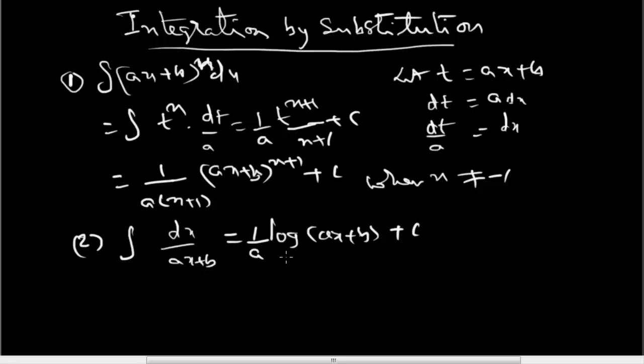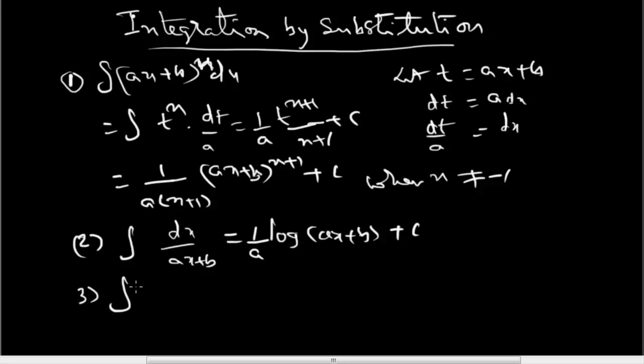Why are we writing the tail? If we put t equal to ax plus b, then dt by a is equal to dx. So this is dt by a by t. 1 by a you take out. The integral of dt by t is log t plus c. The value of t you substitute and you get back this one.